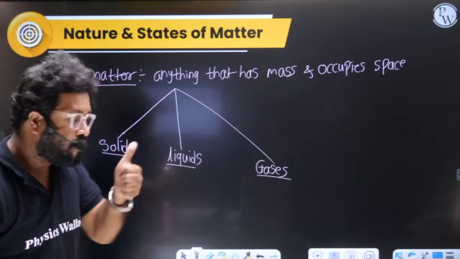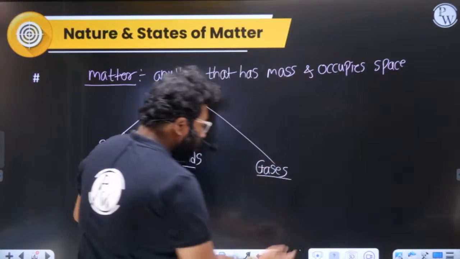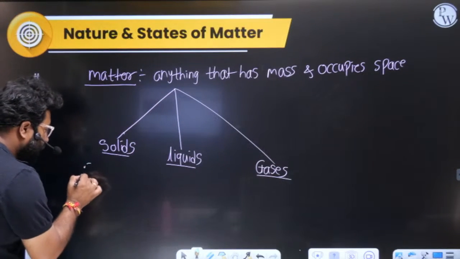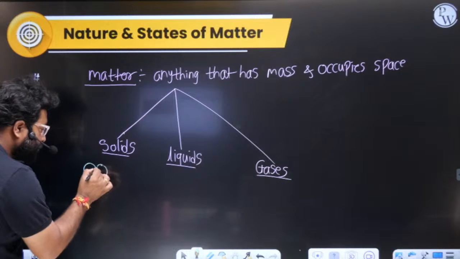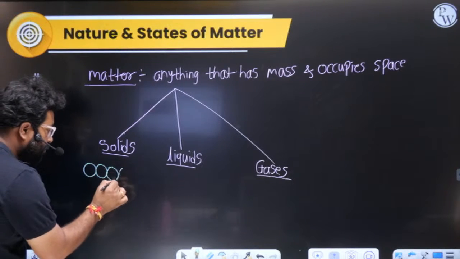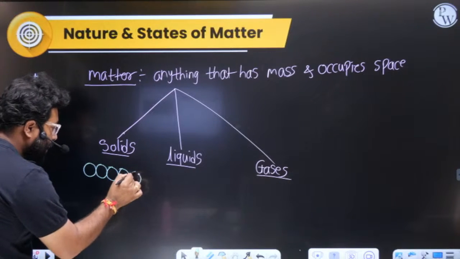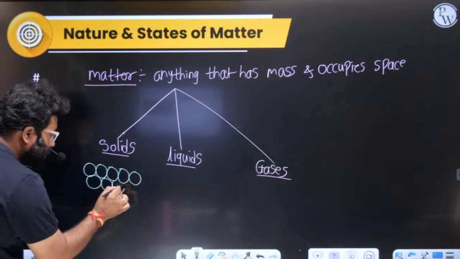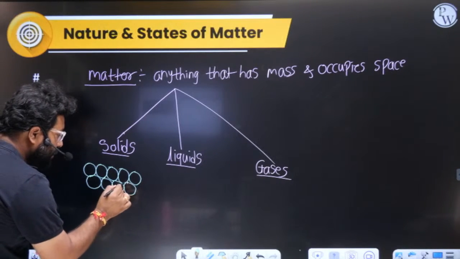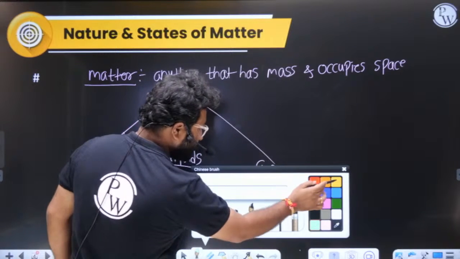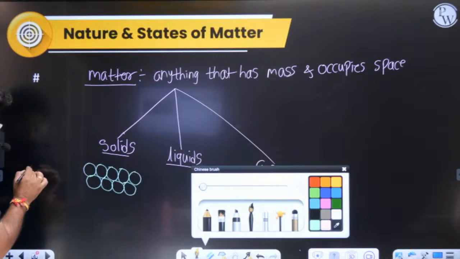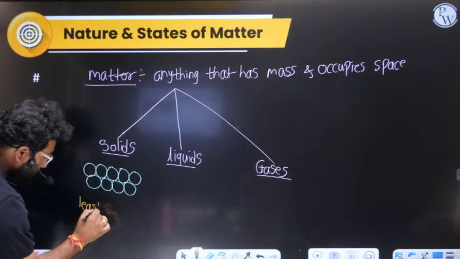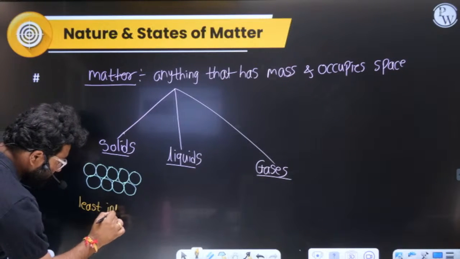As you all know, in solids, the constituent particles are compactly packed like this. Solids have very little intermolecular space. You can see here, solids have the least interparticle space.